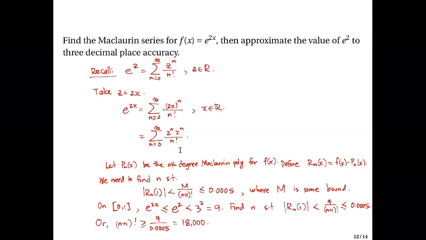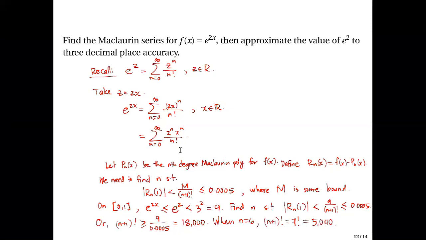If we choose, say, n equals 6, when n equals 6, n plus 1 factorial is 7 factorial, which is equal to 5,040.